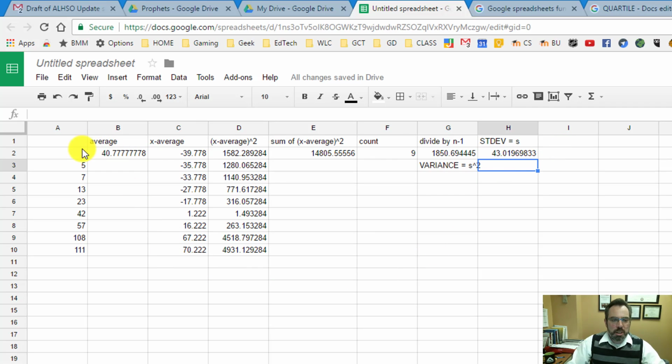But again, the real trick with this is recognizing the way that you can build this formula. And what I wanted to show you was the way that you copy each of those things whenever you wanted to make a formula.